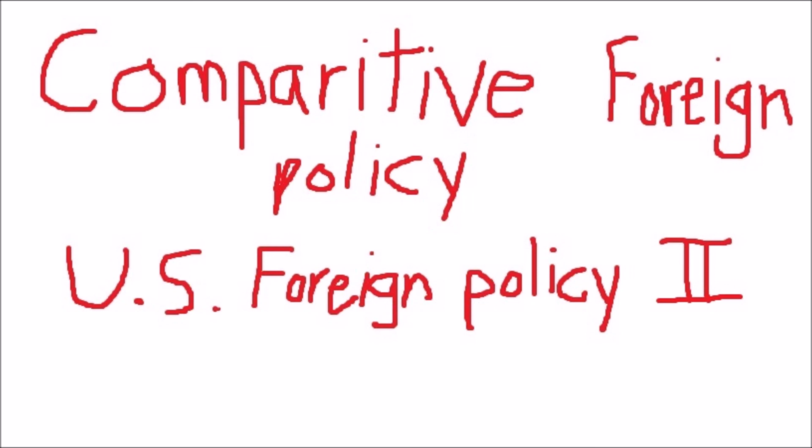The first one is the case of the Curtiss-Wright Export Company versus the U.S. And that case took place in 1936. And it involved a conflict over a war that was going on at the time in South America.